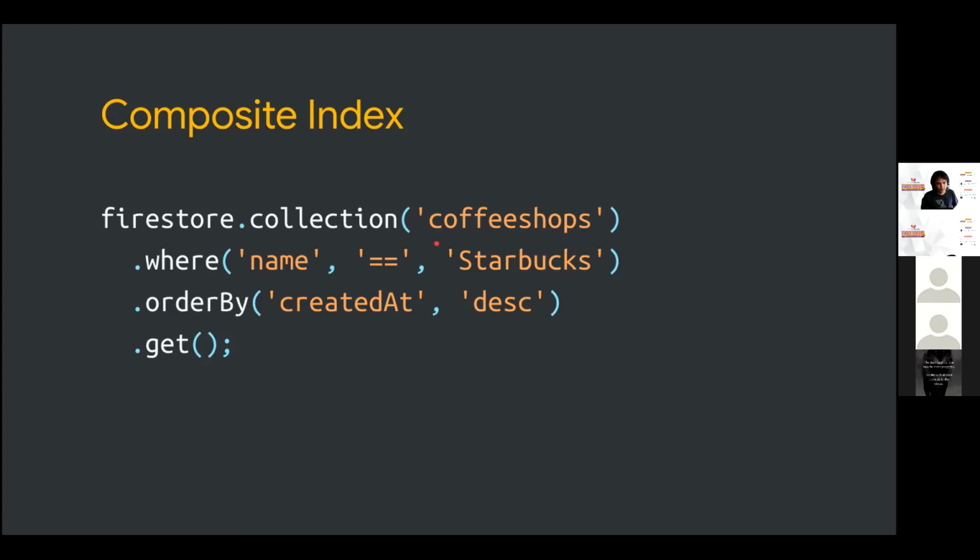However, Firestore indices by default are only single field indices. So if you want to perform a query that involves multiple fields, for example, get the coffee shop with a specific name and also order the results by the created date of the coffee shop, we're dealing with 2 fields here, and Firestore doesn't automatically have the index for that, so we have to create a composite index ourselves.